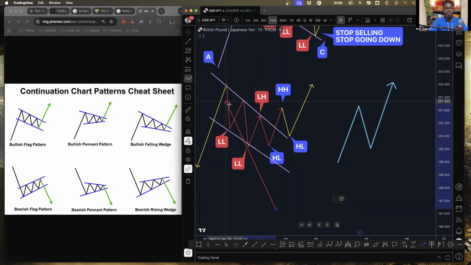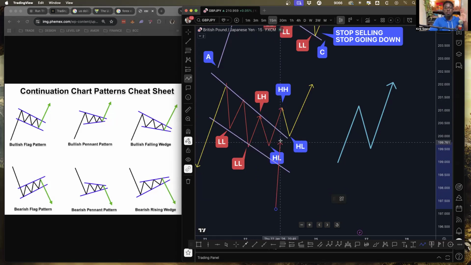We want to know when this downtrend ends. The downtrend ends when we stop getting things that tell us it's in a downtrend. So the moment, instead of getting lower lows and lower highs, that we get a higher low instead of a lower low, that's confirmation number one. That's when we start to pay attention.